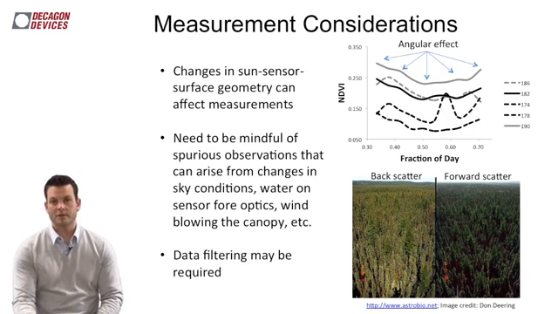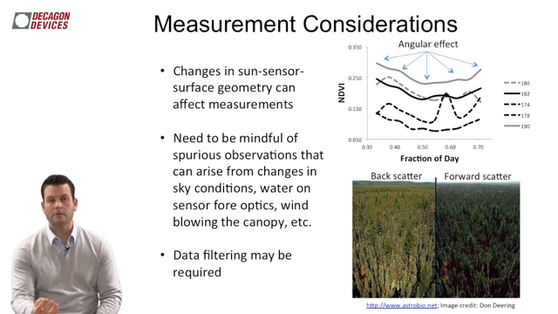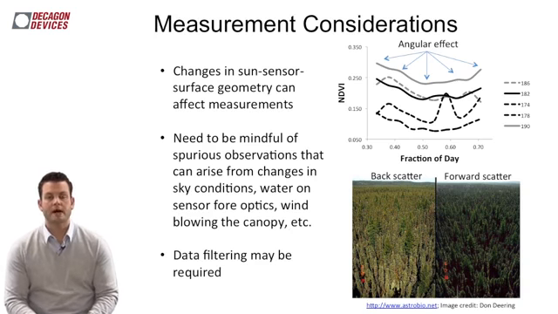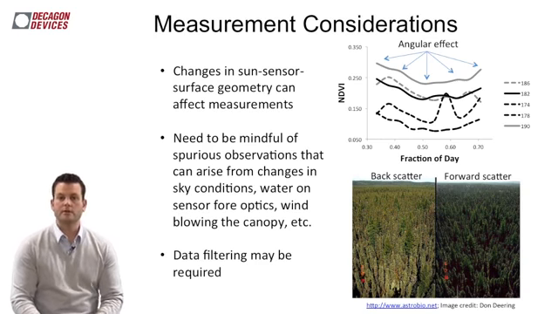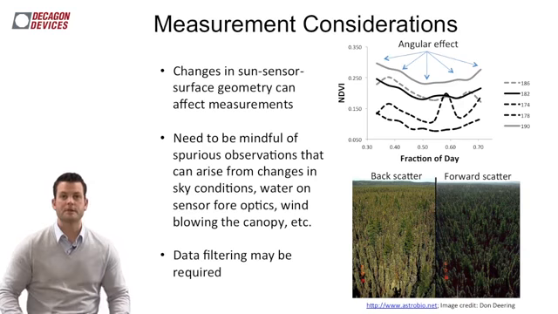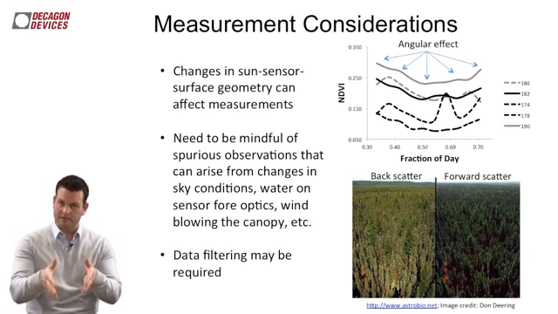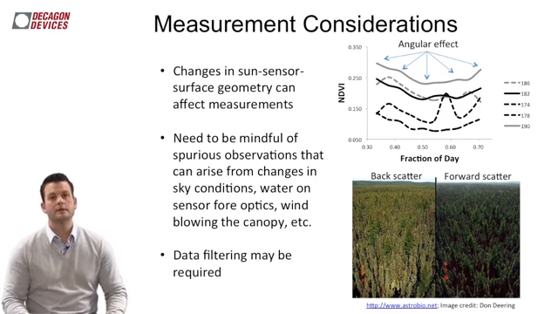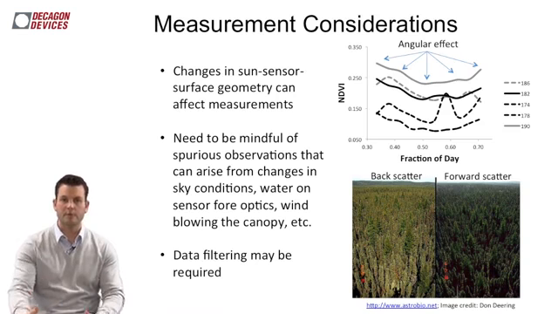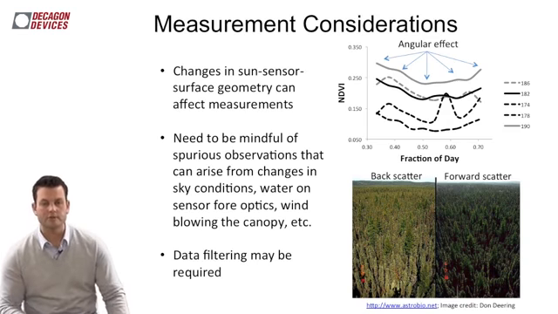And what you'll see amongst all of those lines of data is that there's a pretty typical U-shaped pattern. And these are angular effects, meaning that it wasn't LAI that was changing or fractional light interception that was changing. The sensor was fixed, looking at a fixed location. So it had to do with how the photons were interacting with the canopy and being recorded by the instrument.